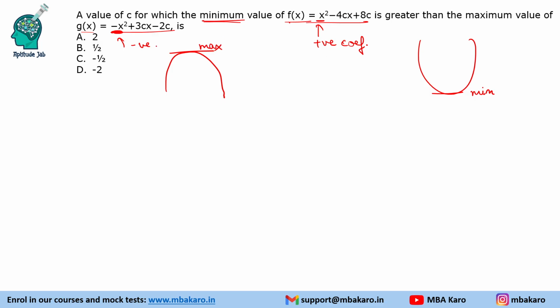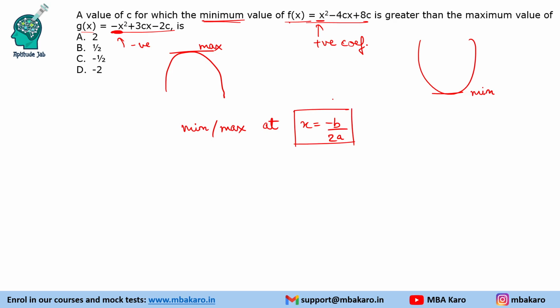Now, whether it is a minima based question or maxima based question of a quadratic expression, it happens at x equal to minus b upon 2a. So this property you need to remember, that will make your solution easy.